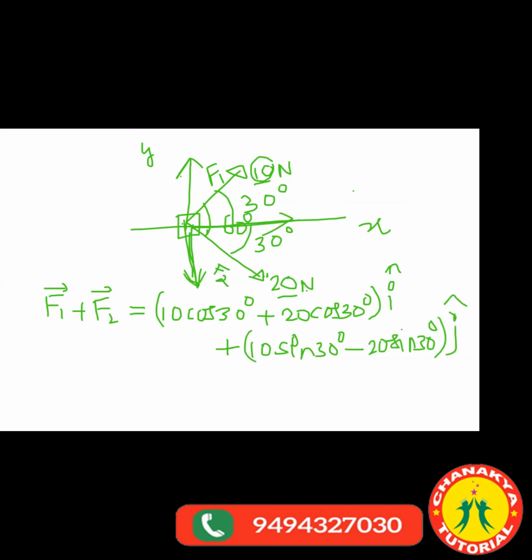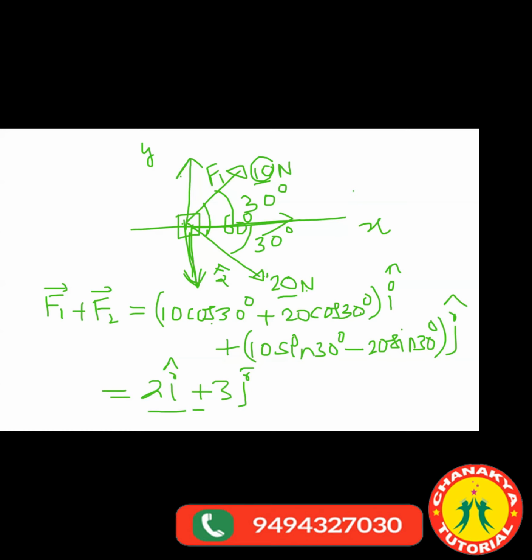This will be the net force acting on it. In the options, if it is in vector form, it will be like this. You just put the cos value, sine value, and simplify. If they are given magnitude-wise, then for example, if this comes out as 2 i cap plus 3 j cap, this is nothing but like a position vector, x i plus y j.